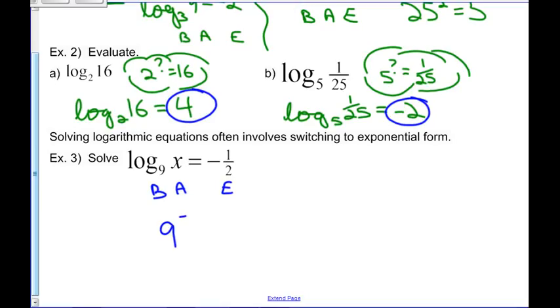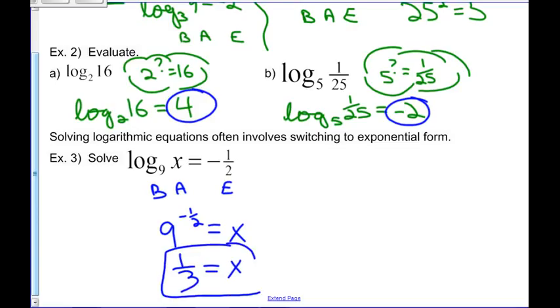It would be 9 to the power of negative 1/2 equals x. Okay? That means taking 9 and flipping it upside down and square rooting it, where x is equal to 1/3. And that's easier to see from exponential form than from logarithmic form.